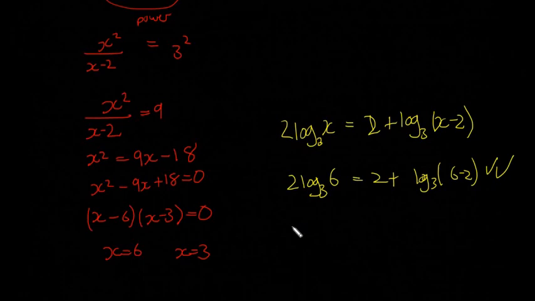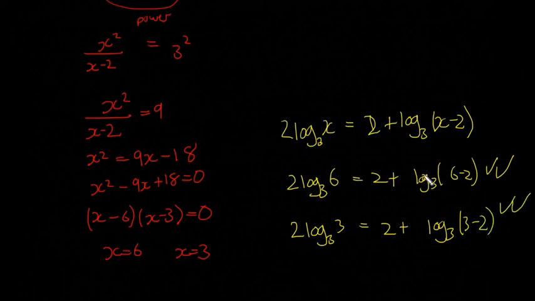Check that in your calculator. And then as well, 2 log 3 of 3 is equal to 2 plus log 3 of 3 minus 2. Again, that'll also be correct in your calculator. So this is all good. Yeah, those are our two answers. X is equal to 6 and x is equal to 3, and that's our last log equation.